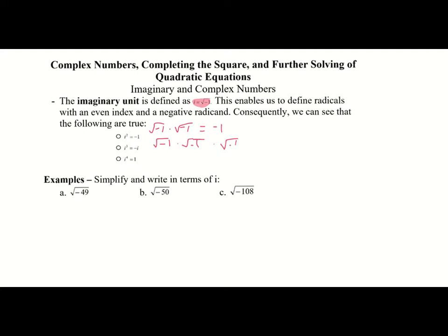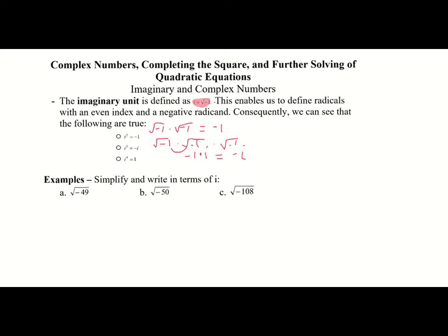These first two will equal -1, and then -1 times the square root of -1, or substituting in i, gives us -i.